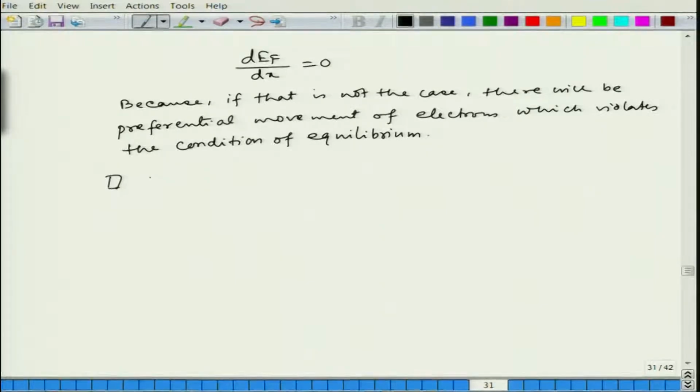Now, we talked about that we will come back to this motion, we have to connect this diffusion coefficient and the mobility of that material or mobility of electron in that material, we will connect them after taking the detour. So, now we have talked about the band bending as well as constancy of Fermi level.